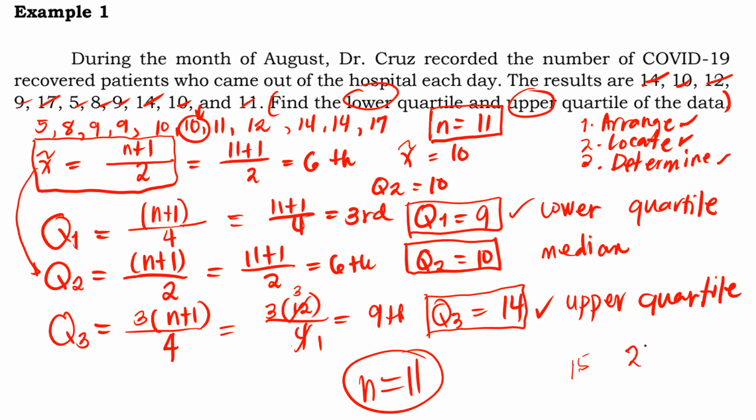Let's say 21. Add ka ng 1, 22, divide mo sa 4. It will give you exact answer pa rin. Paano kung 31? Ganun pa rin. Okay? So, yung number of data natin, since this is odd, mapapansin nyo exact location yung nakukuha natin. Exact location yung pang third agad, yung pang 6 at pang 9.